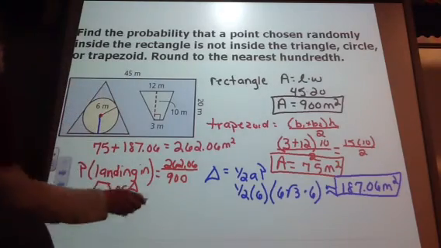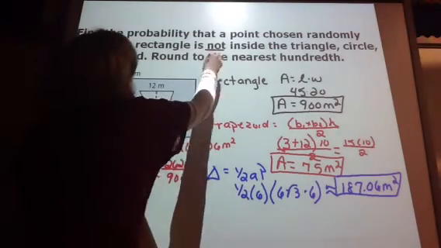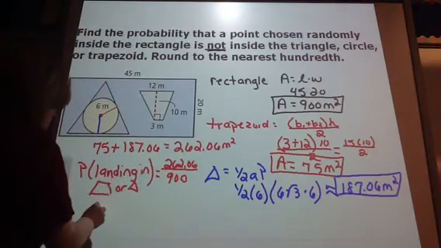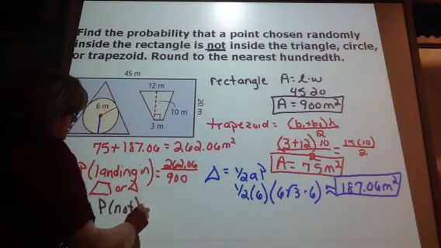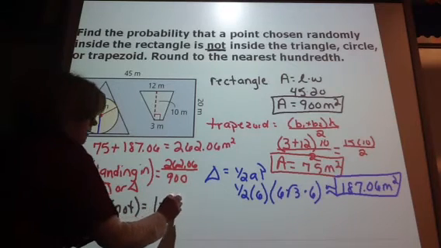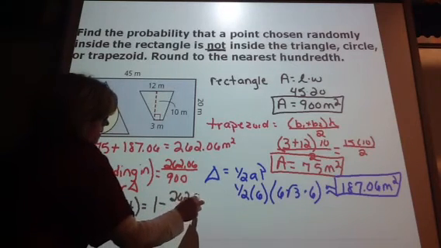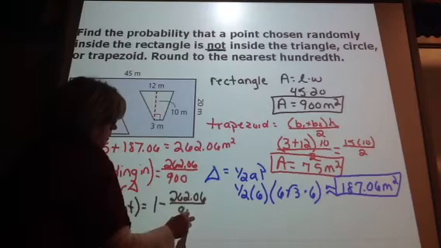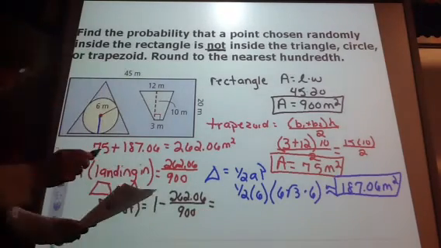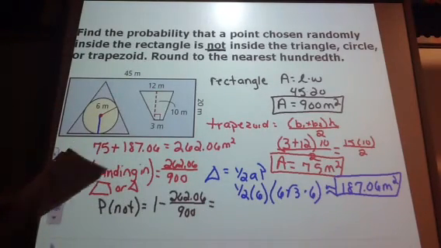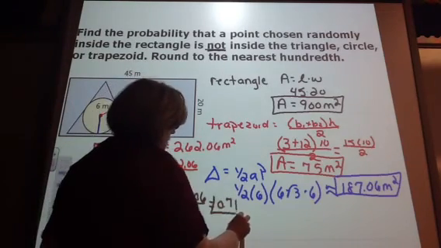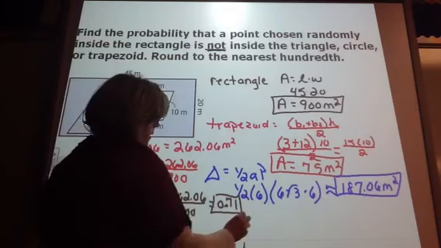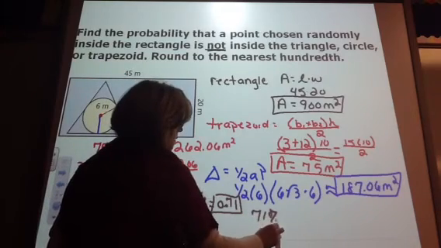We want the probability of not landing inside that, so that's where we do the probability of not. You take 1 minus the 262.06 over the 900. And you're going to get approximately 0.71, which is 71%.